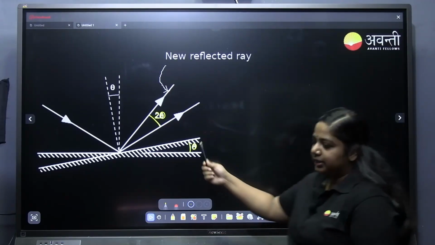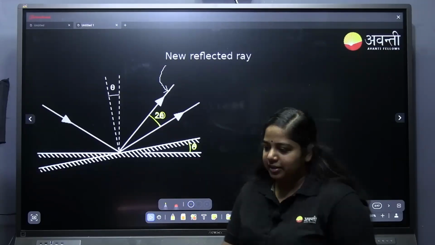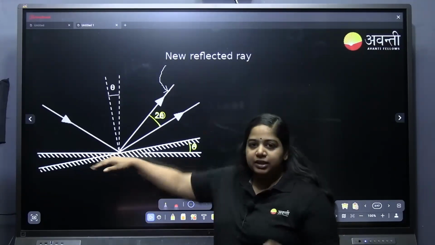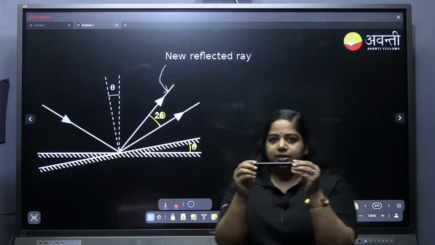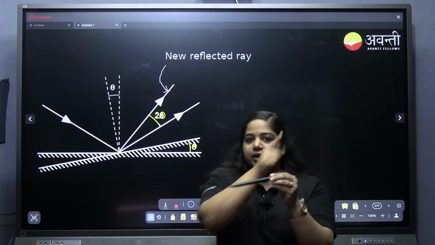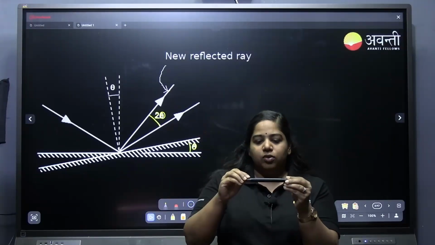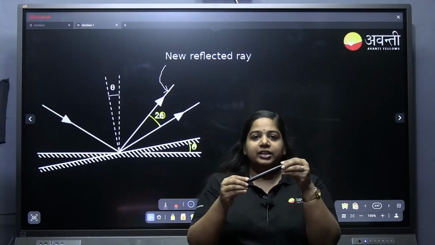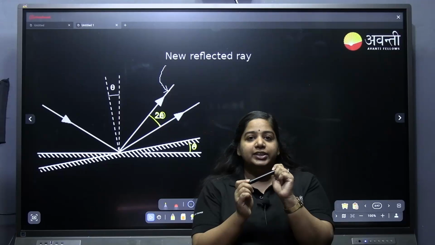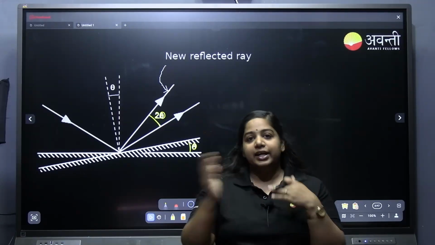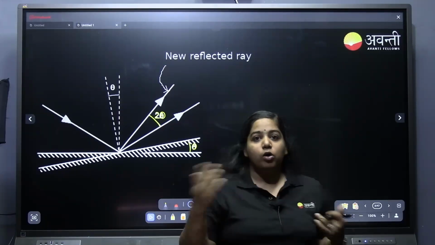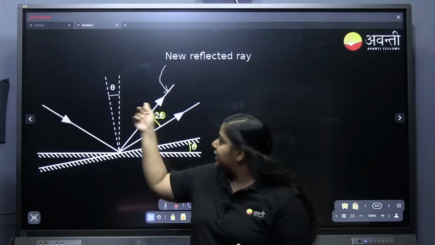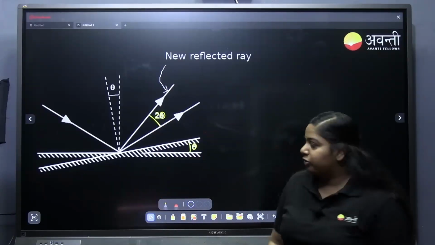What I was saying is, if you did not understand, see this, originally the mirror was like this, so incident ray, reflected ray, it was there. Now incident ray is kept the same, I am rotating the mirror, so incident angle will change, right? So incident angle changes by how much? So reflected ray will change by 2 theta angle.